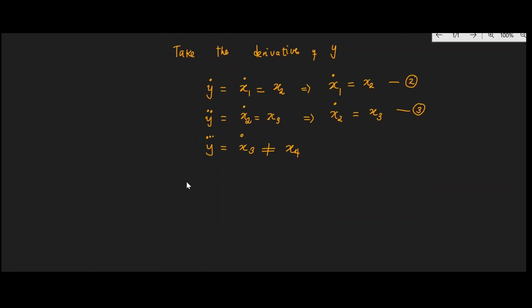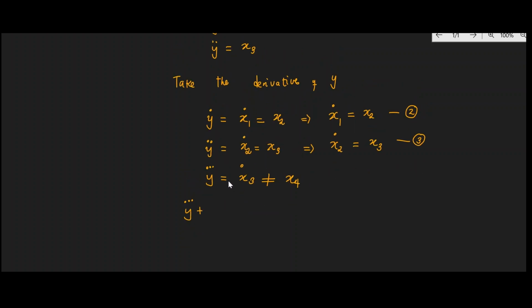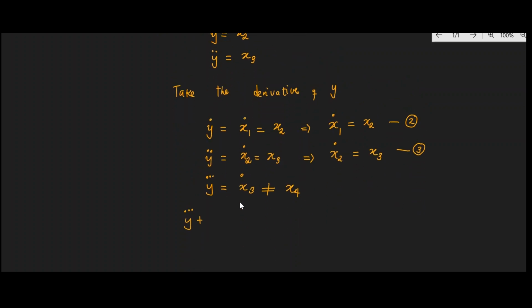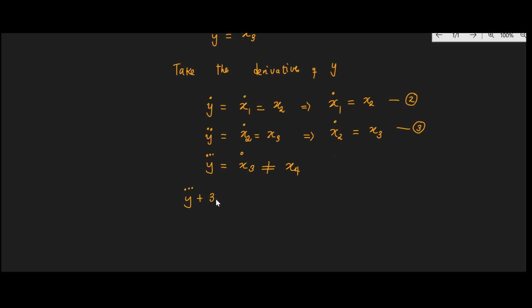So let me just write the original equation. The original equation is given by y triple dot plus 3 y double dot plus 2y dot plus 0y, this is equal to u. Now we said y triple dot is simply equal to x3 dot, isn't it?